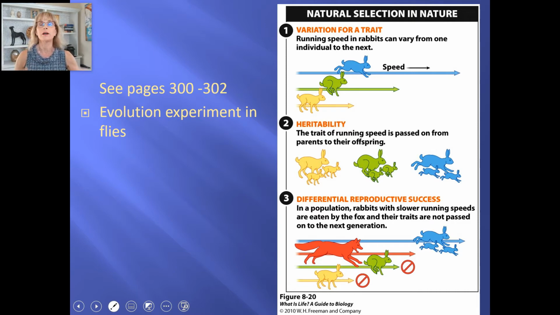So when times are great and there's plenty of food, being a fast rabbit will allow you to reproduce more, and there will be more fast rabbits in the next generation. But when there is a famine and not much food around, being a slow rabbit is suddenly an advantage. And after a famine, you will see more of the slow rabbits in the population.